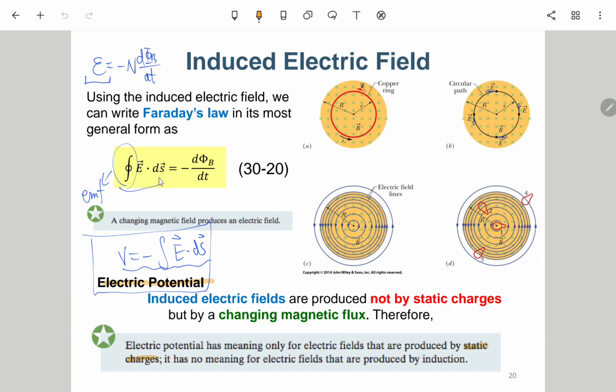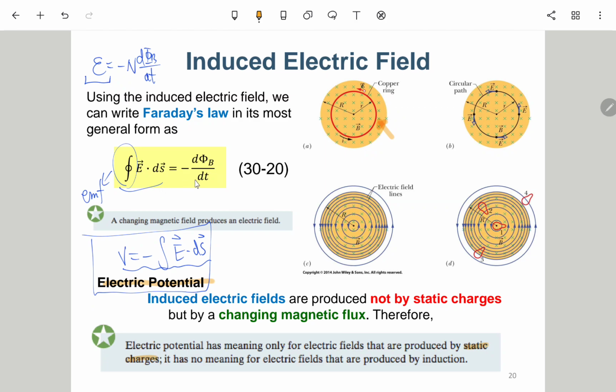The only difference is that for the loop, ds is parallel to the tangent line along the direction of the loop. You determine E dot ds for every small segment of the path, and then add them together using an integral.